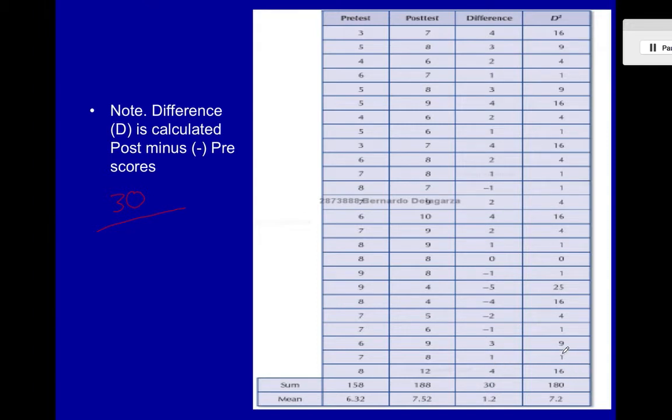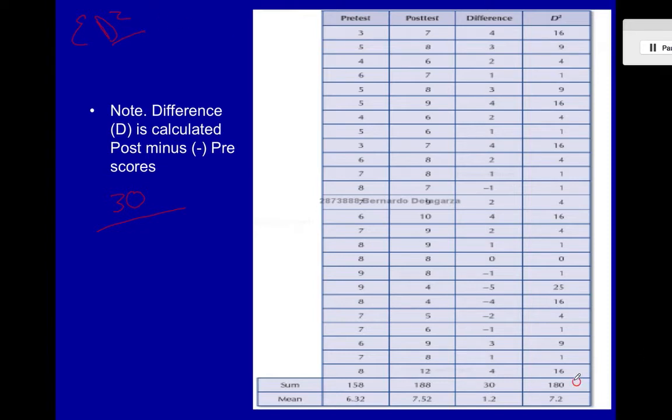Once we have all of those D values squared, we're going to take the sum of those D values squared. Remember that in my formula, it said the sum of D squared. So we first do D squared, and now we add up all those D squares.